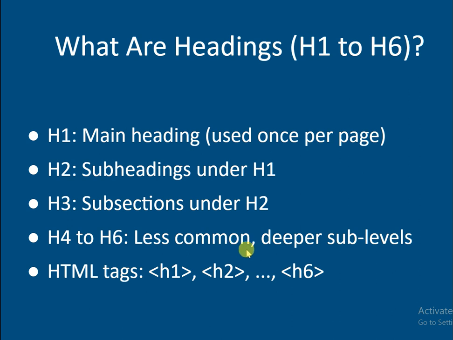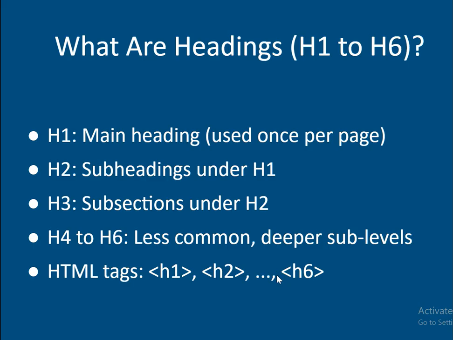These are the deeper sublevels helping you organize complex content. Technically, all of these are written in HTML using tags like h1, h2 and so on up to h6. Search engines use these tags to understand how your content is organized.